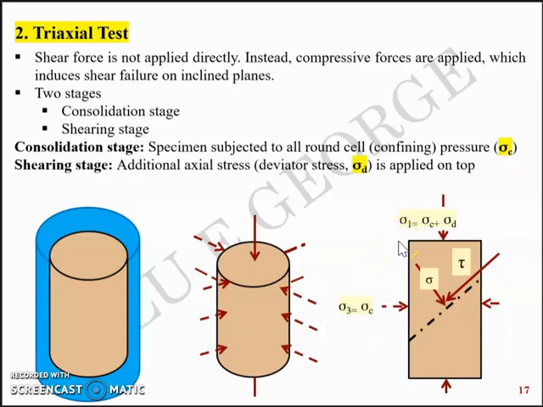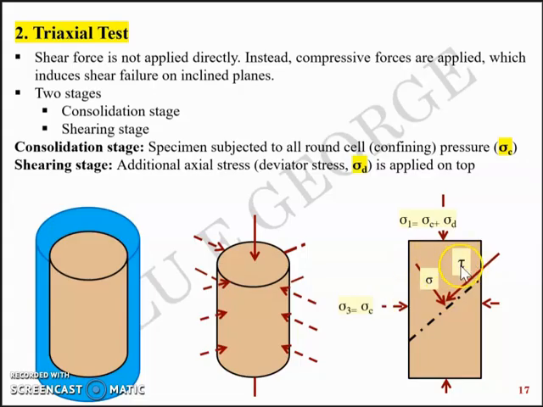And when you have a critical combination of sigma 3 and sigma 1, just like we discussed when we were discussing the Mohr-Coulomb circle, there will be a shear failure along this plane. Let's say there will be a theta angle with respect to the horizontal, and the failure plane will have its own component of sigma and tau.